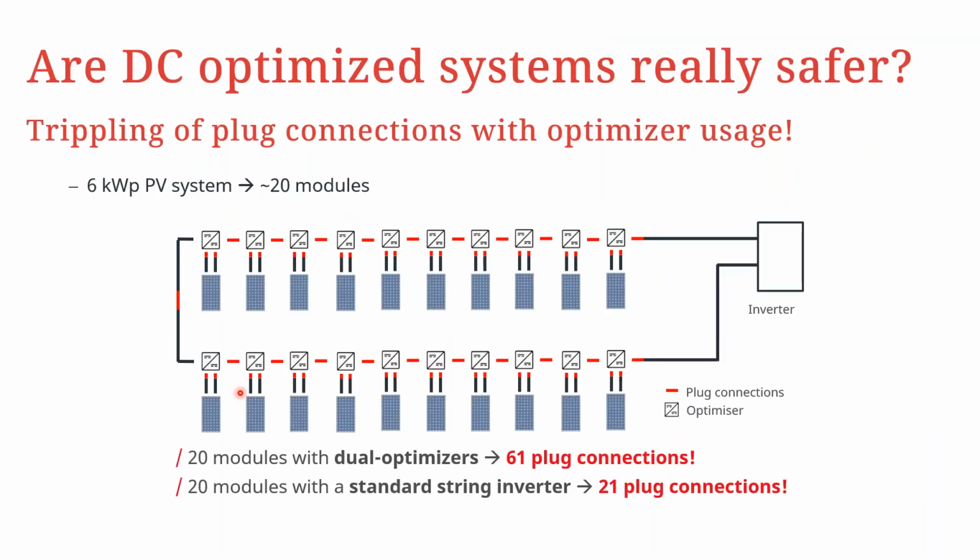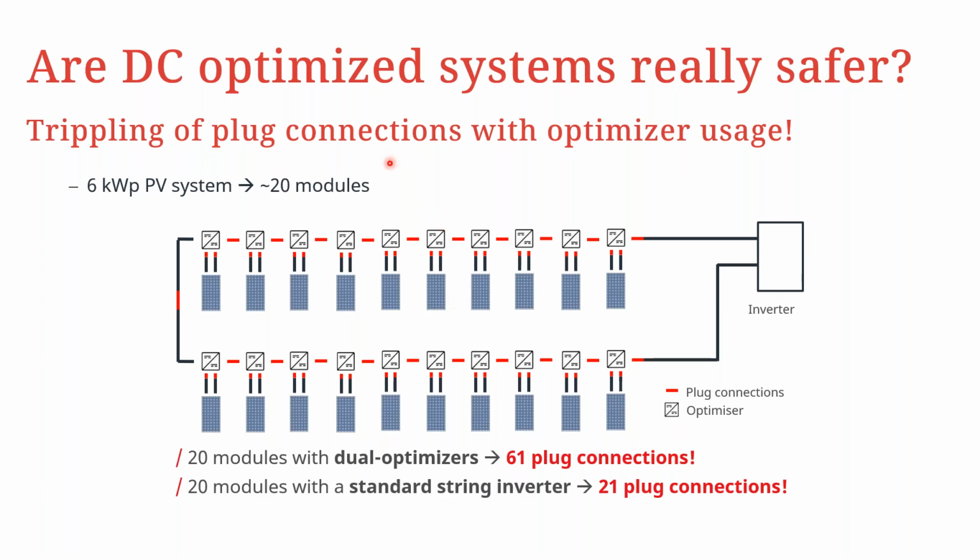So in terms of the safety aspect of additional components, when you have a DC-optimized system, as already mentioned by Cyprian, you have the possibility that you are going to end up with very many components that you need to connect together. And the higher the number of connection points, the higher the risk of failure within such a system.